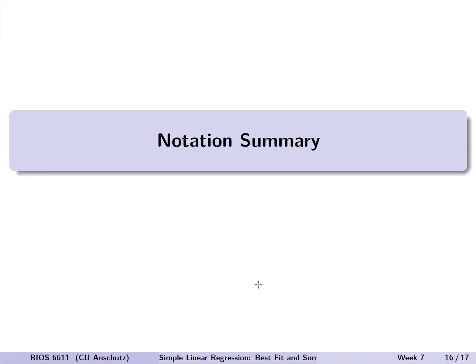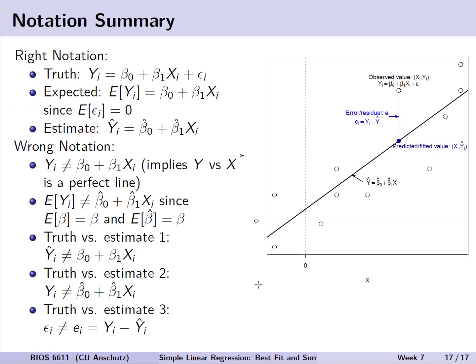So let's briefly close with a brief review of some notation and important things to be careful with. So we have 3 different contexts essentially for the models and the types of equations we've talked about: the truth, the expected value, and the estimate we actually get. Now the truth is that original regression model we saw before, where we have the yi equals beta naught plus beta 1 xi plus epsilon i, that error.